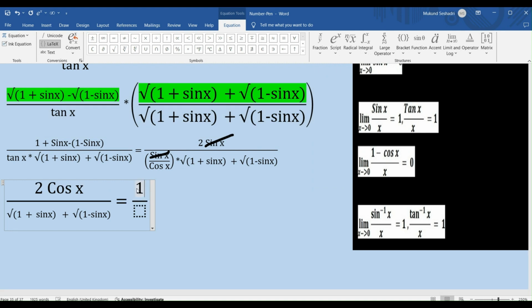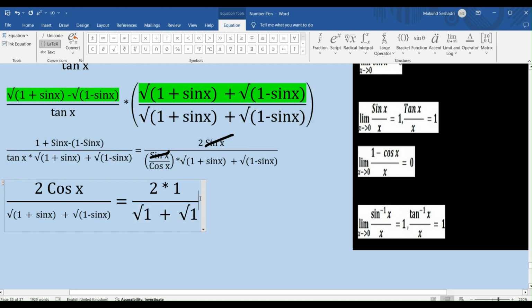So I get 2 into 1 divided by root of 1 plus sine x plus root of 1 minus sine x, which is nothing but root 1 plus root 1, right? Which is nothing but 2. So I get 2 by 2, which means my answer is 1, right?